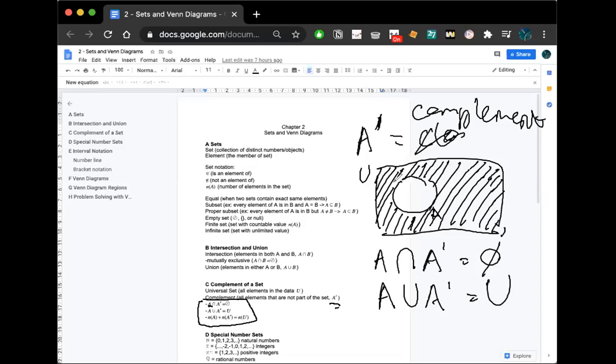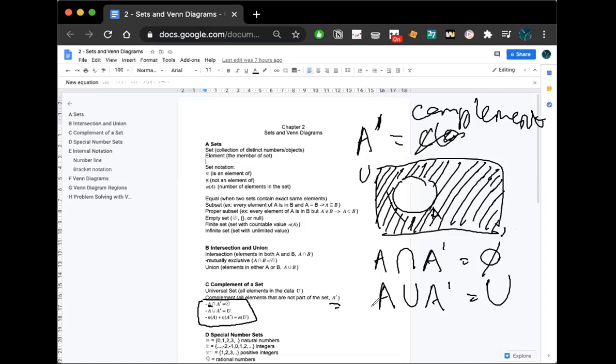This also makes sense because it's like one part of the universe plus the other, combined all together, so it becomes the entire universe.